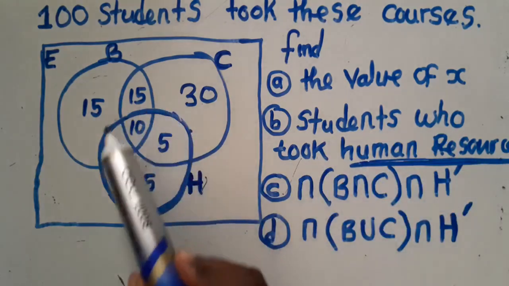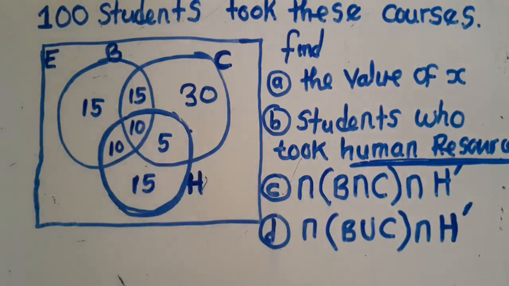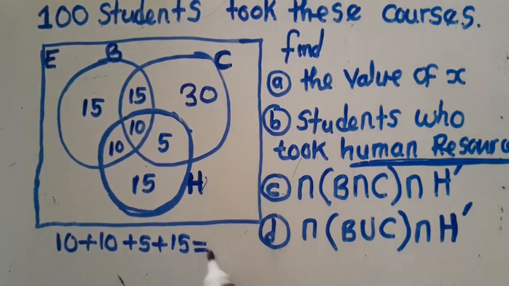So we include even those that were taking other courses. The question is saying human resources. So these were taking human resources. You say 10 plus 10 plus 5 plus 15. What answer are you getting? So you add everything. This is 20. This is 20. So you get 40.